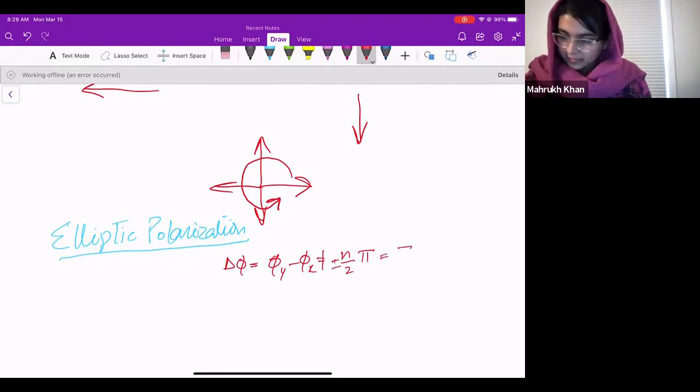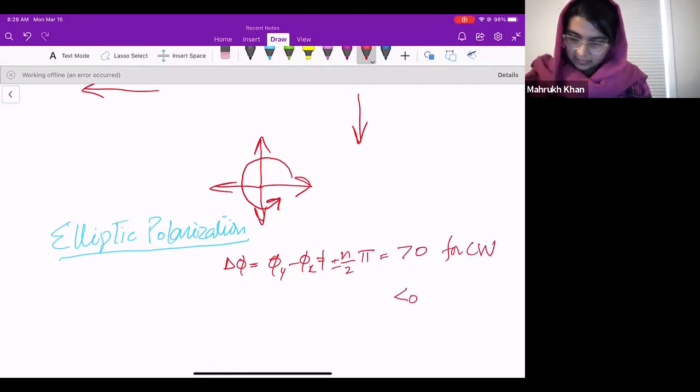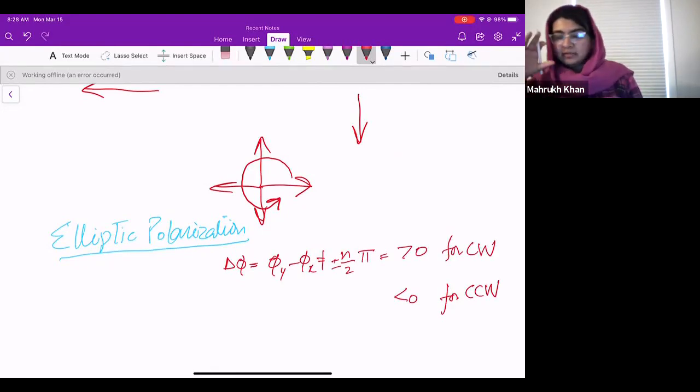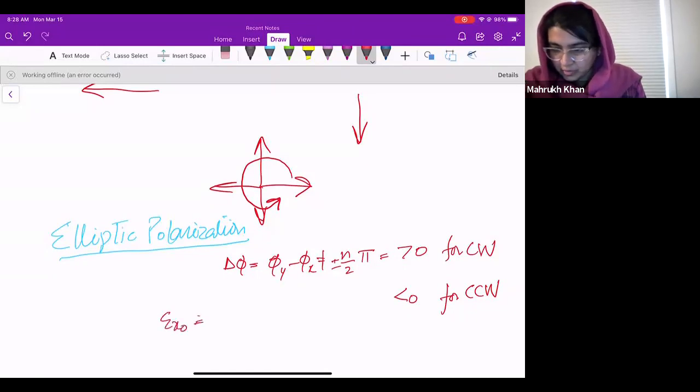If this is greater than 0, it is clockwise, and if this is less than 0, it is counterclockwise. So any other angle than circular and linear stays as elliptic polarization, and in elliptic polarization your magnitudes are also not equal to each other.